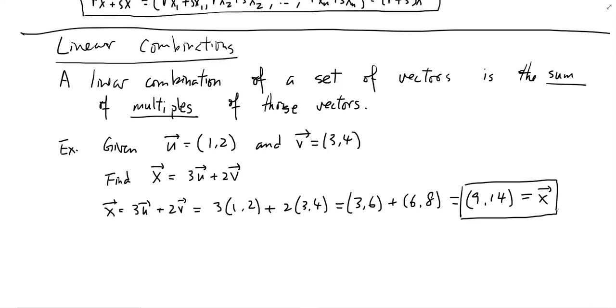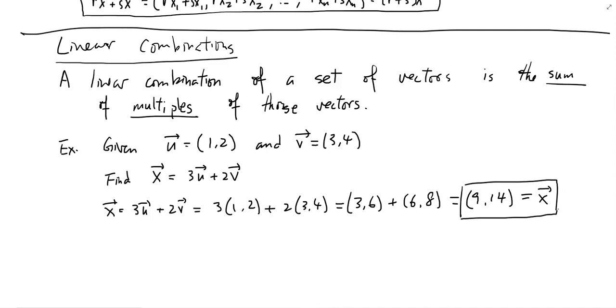So in this case, x is the combination of u and v because it is formed by using vector u and v. Now, something very interesting that I want to point out, and some of you might already notice it. Notice that vector x also has only 2 numbers. And it makes sense, because vector u and vector v are both in R2. And since the only operations allowed are vector addition and scalar multiplication, and both of those operations are closed, that would tell me that the outcome of a linear combination must be a vector in R2 also.